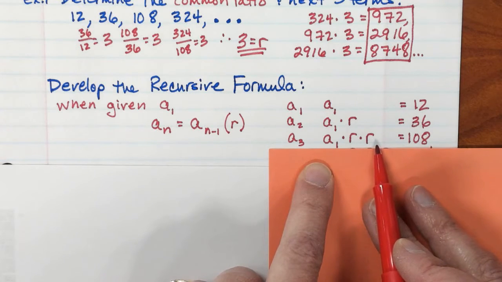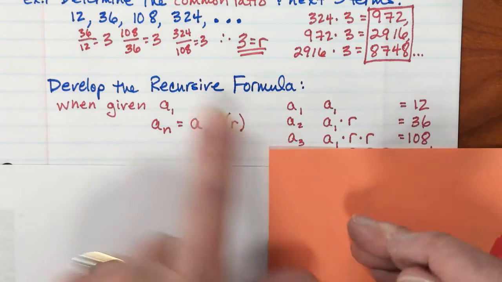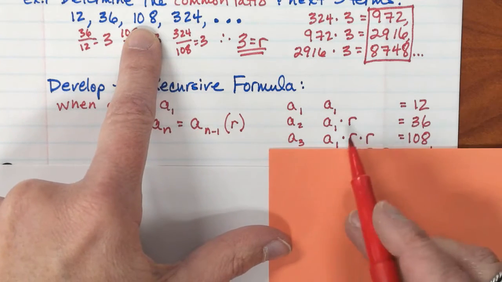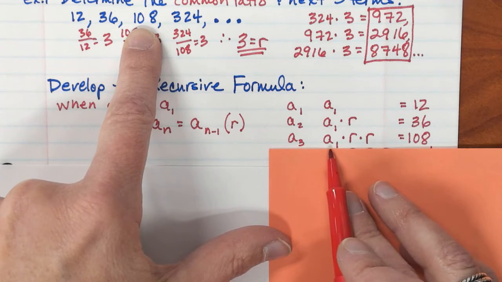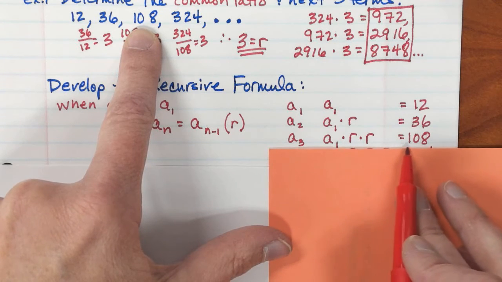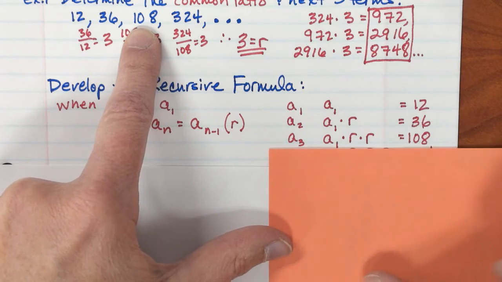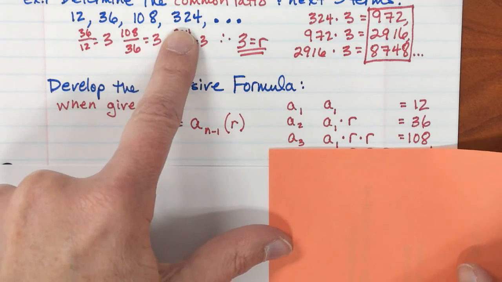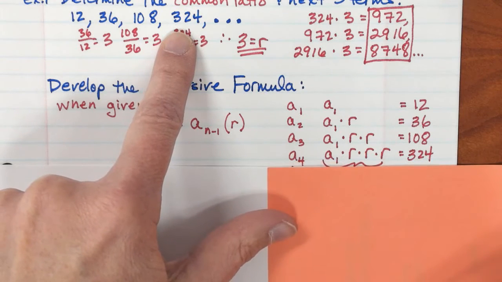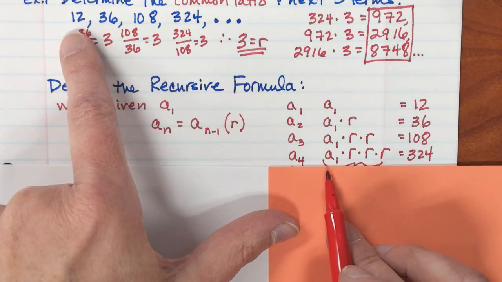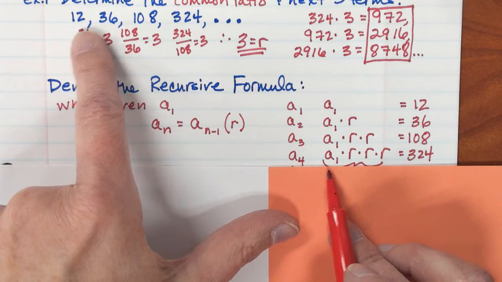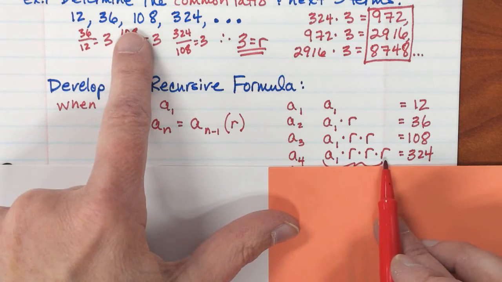Is that true? To get to this third term of 108, is that 12 times 3 times 3? Yes, it is. Let's try it again. The fourth term, the 324, that's equal to 12 times 3 times 3 times 3.